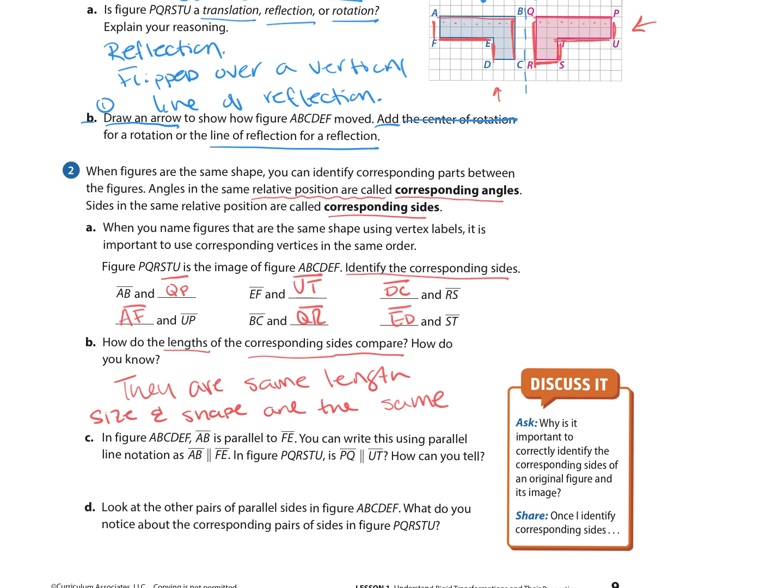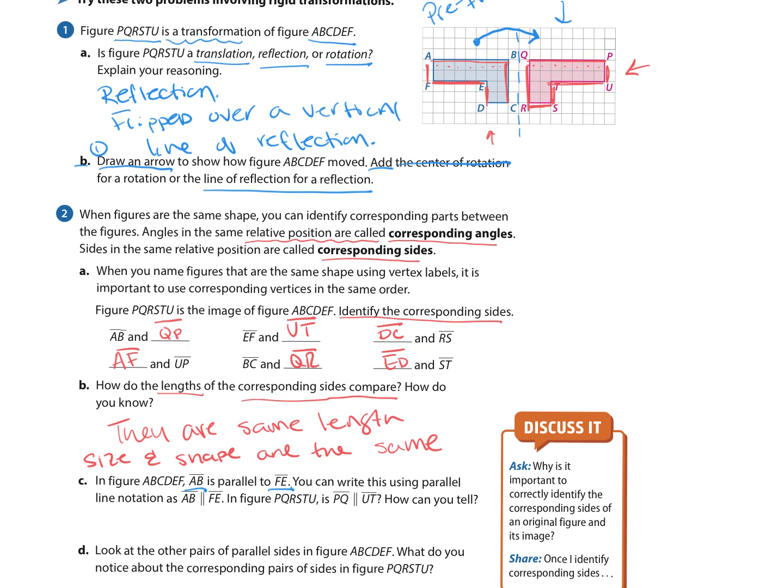And then finally, the parallel sides. So if AB is parallel to FE, what do we know about PQ and UT? Are they still parallel? So let's see. AB, let me clean this up a little bit. There we go.